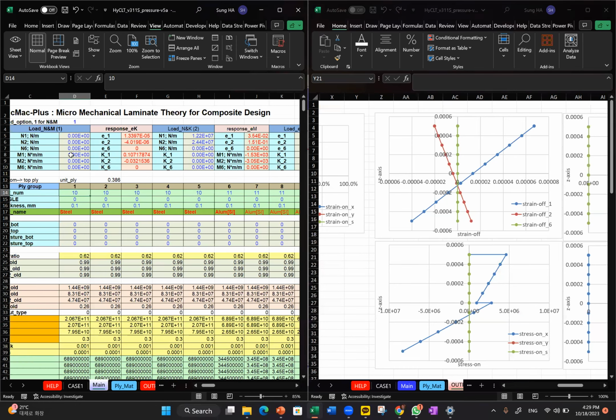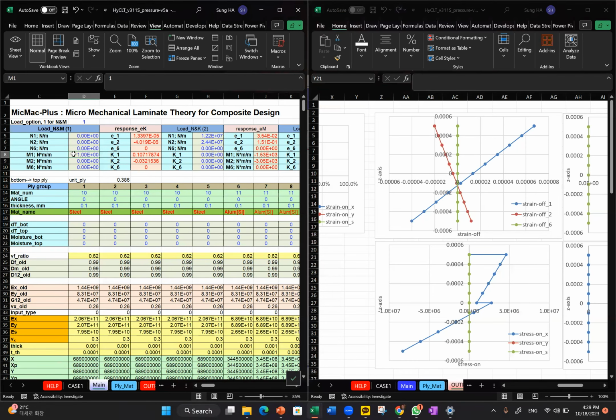See, again, this is unsymmetric, and if we just apply a moment, we can imagine there will be some in-plane strain and curvature. Now here, please pay attention.